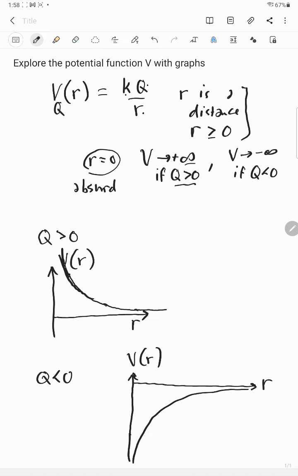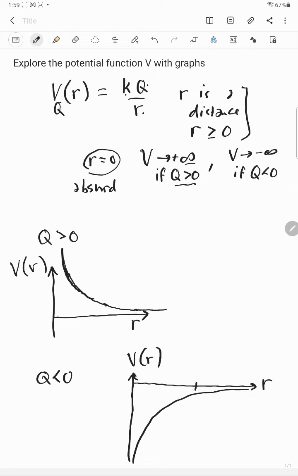I'm going to erase something to make this a little bit clearer up here. Okay. So in the case that we're talking about positive charge, we get these positive potential values. And for negative charges, you get these negative values, right?